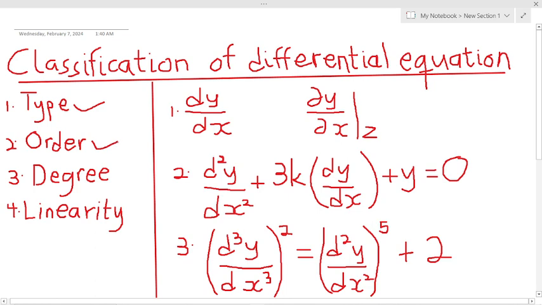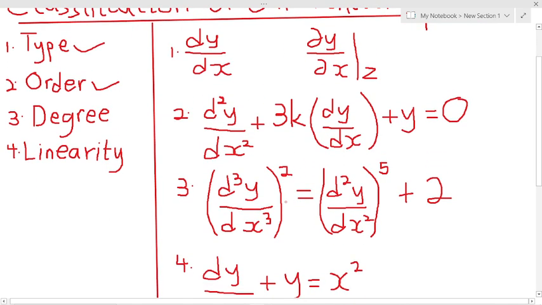When we come to the order, when we say the order of a differential equation, it is the highest derivative that appears in the equation. Let's take our example 2. We have d²y/dx² plus 3k multiplying dy/dx plus y equal to 0.